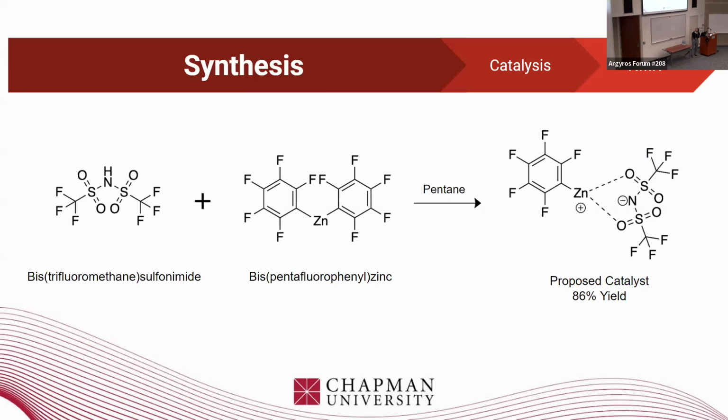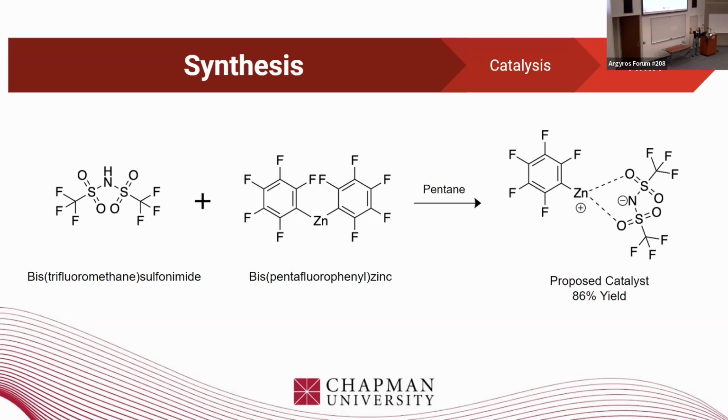So as I said before, we're making the catalyst using synthesis, and here I am synthesizing this bistriflimide acid, which is this compound right here, with this pentafluorophenyl zinc to make the proposed catalyst here on the left. We are interested in the bistriflimide acid because it forms a weakly coordinating anion, which gives zinc its catalytic abilities, as well as it has not been used in many cationic zinc researches before.